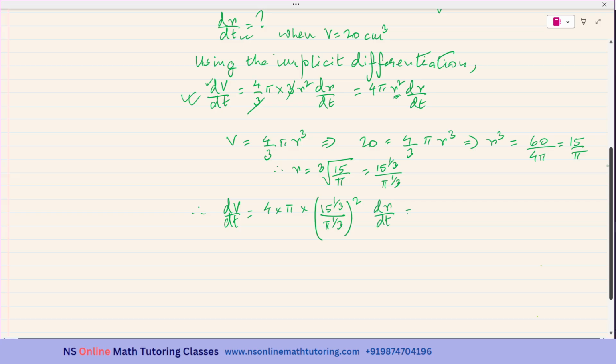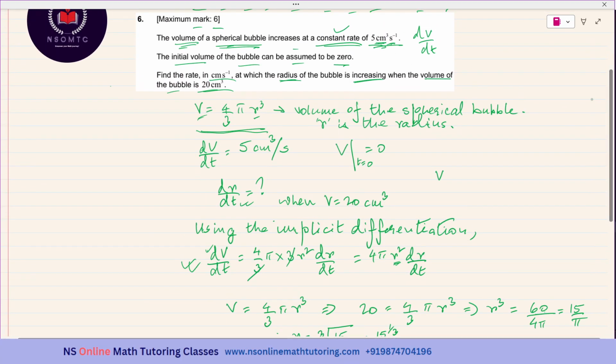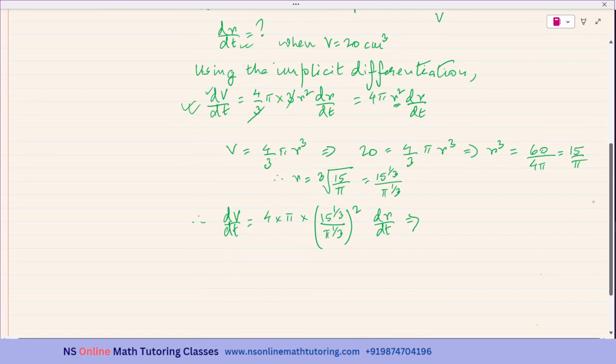Okay. And in place of dV by dt, I can write, what is dV by dt? It is 5 centimeter cube per second. So in place of dV by dt, I am writing 5 is equal to 4 pi times 15 raised to the power of 2 over 3 divided by pi raised to the power of 2 over 3 and dr by dt.